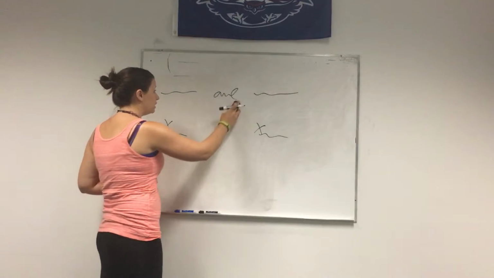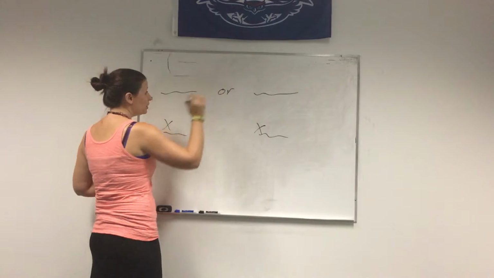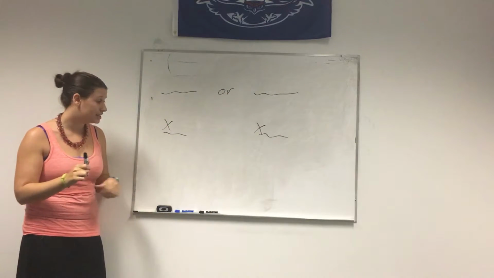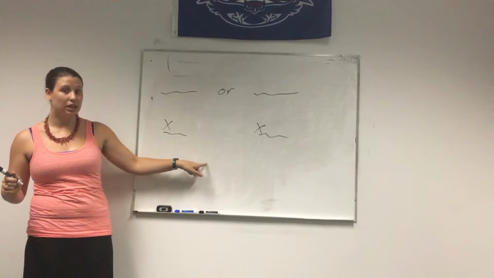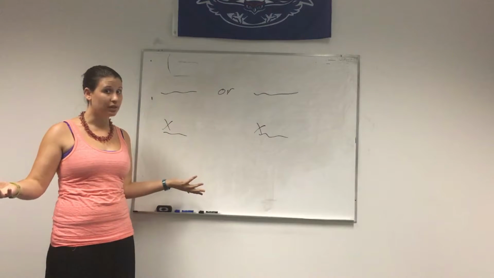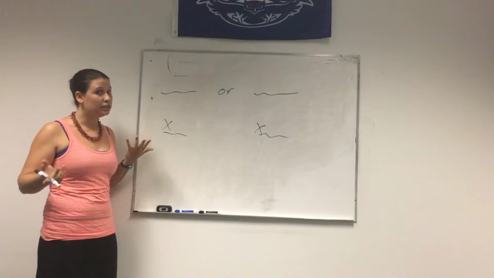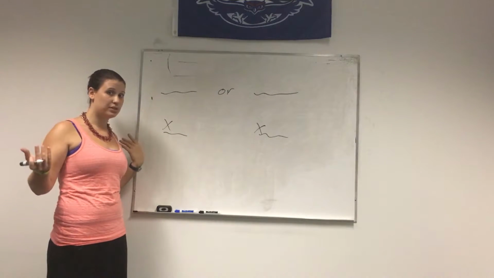Now, if instead it had an or, we do it the exact same way, except once we get to the number line, we just look and see what is there, right? If they overlap at all, cool, that's fine. Do they go in the same direction or in opposite directions?